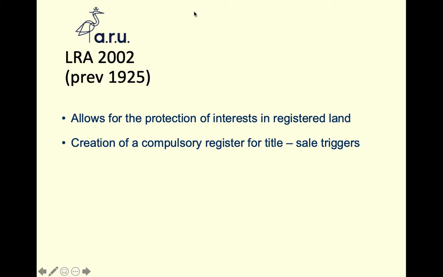So anytime unregistered land has been sold, that has acted as a trigger event, of which there are a number that will lead to land having to become registered. So the person with the interest then adds themselves onto the register. As we've already identified, it's in their interest to do that, so they're the ones that have to protect themselves in that way.